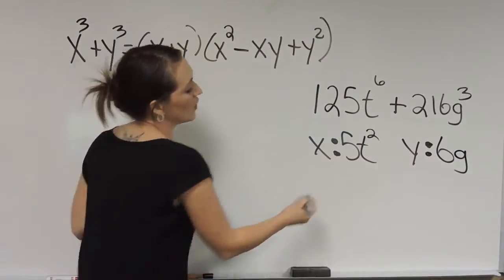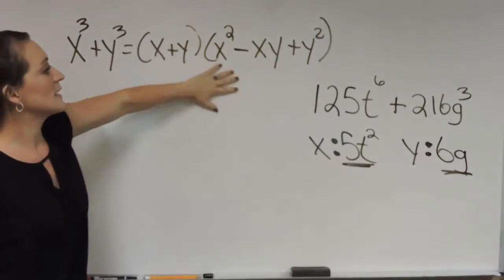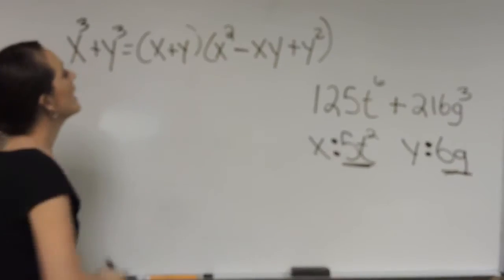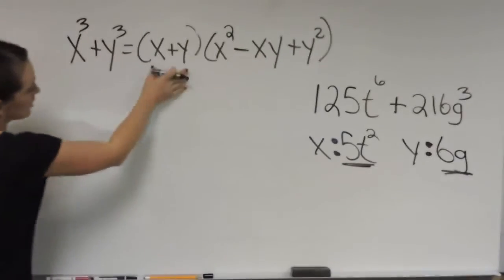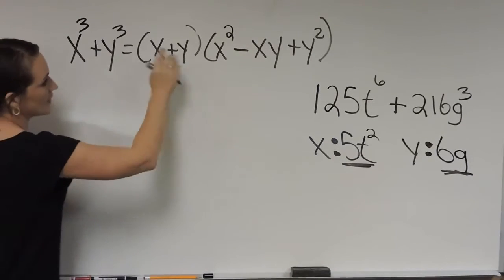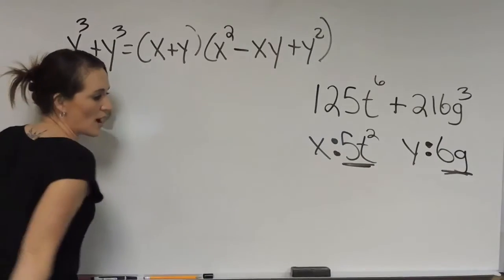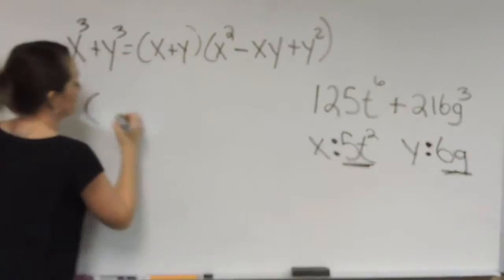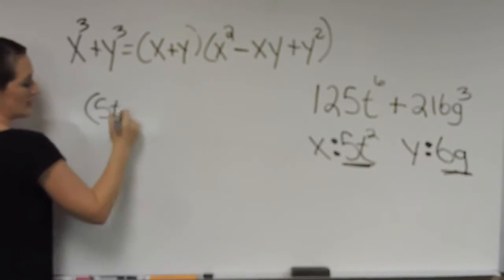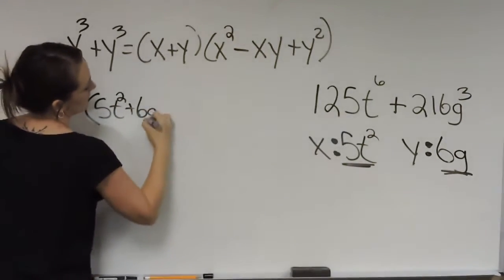After we figure out what these two values are, it's a matter of plugging into this formula here and maybe doing a little bit of simplification. Starting with our first factor here, x plus y. So our x plus our y would give us 5t squared plus 6g. So that's exactly what I'm going to put in, 5t squared plus 6g.